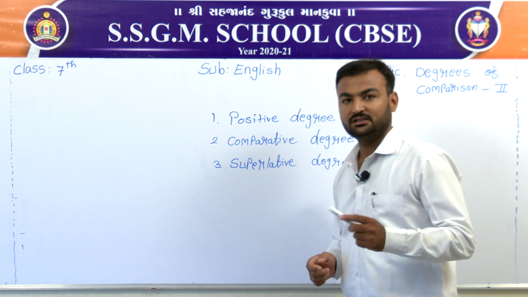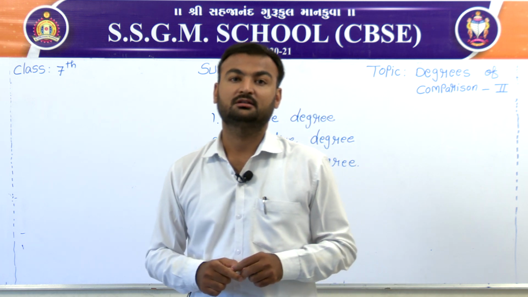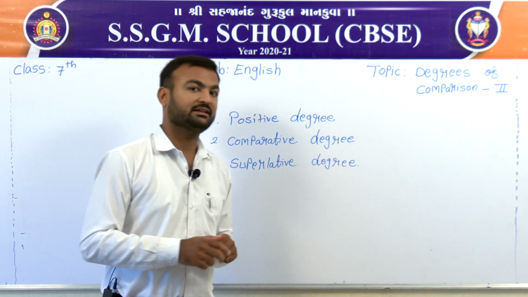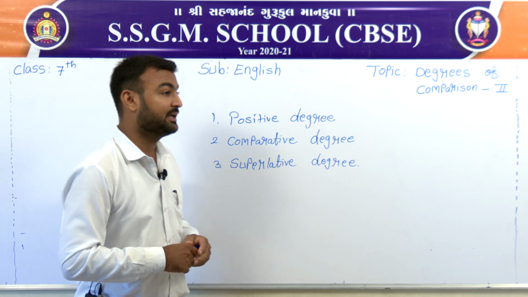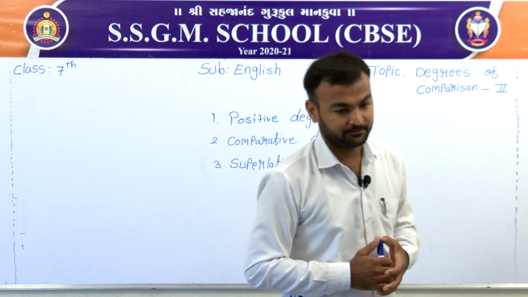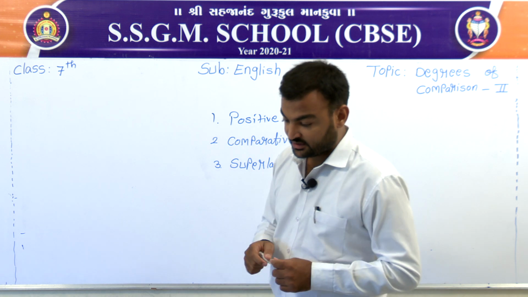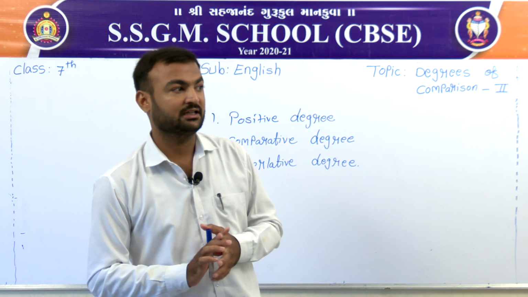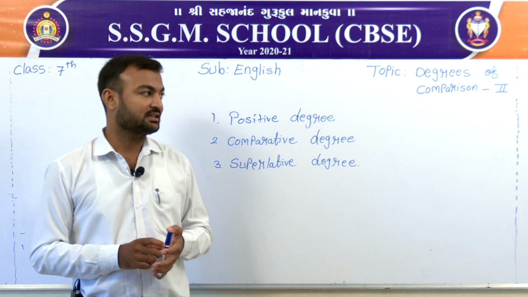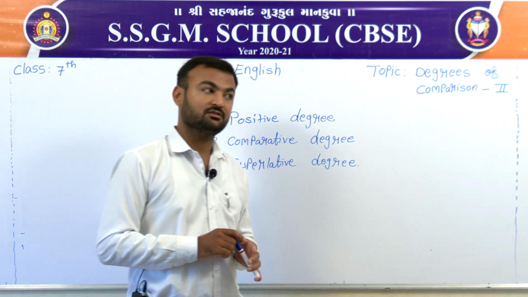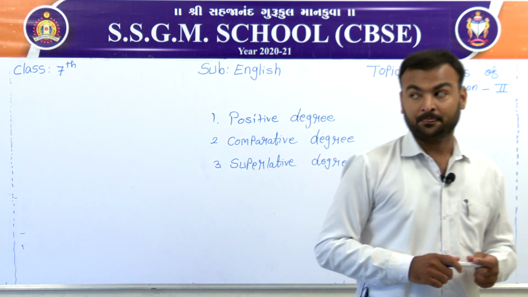Positive degree, students, this is just a recall of these 3 degrees to make you understand in a better way. Positive degree is used to denote a person or a thing, that means it itself describes the quality of a certain person or thing.